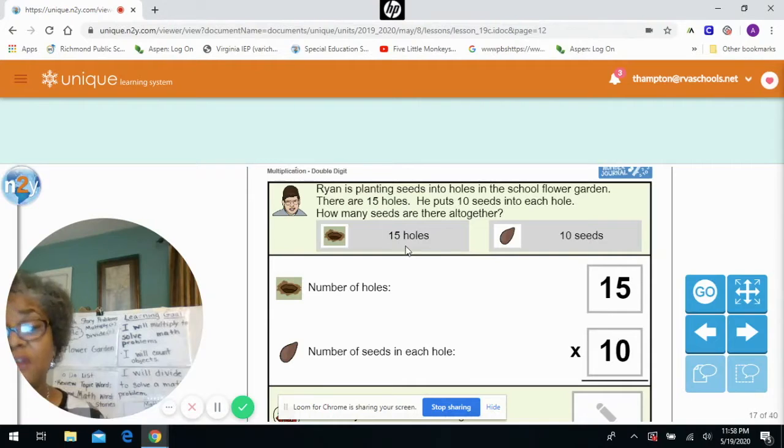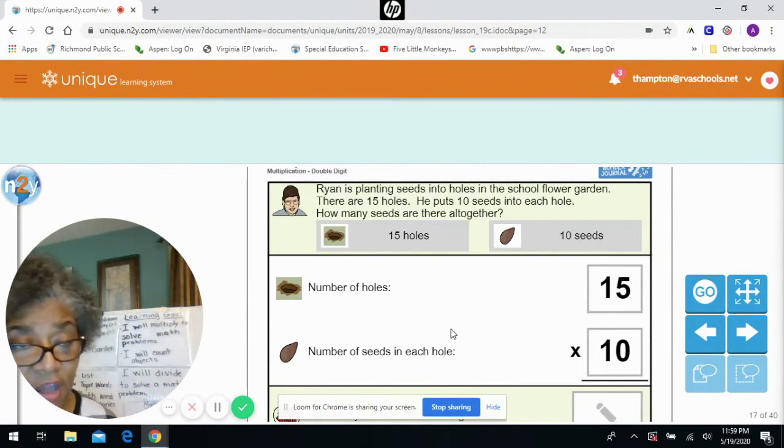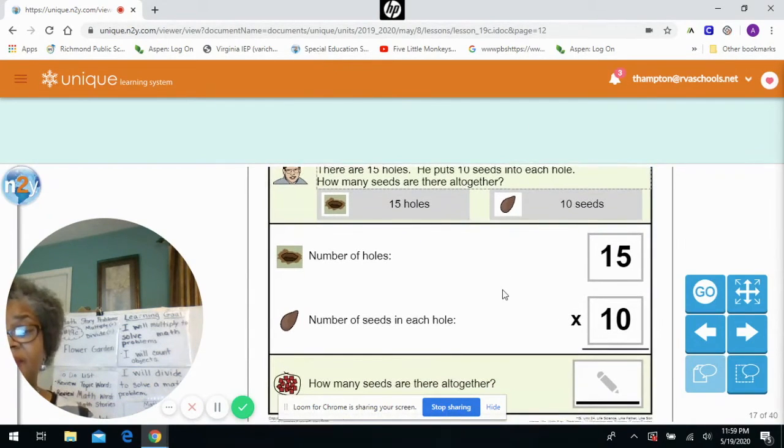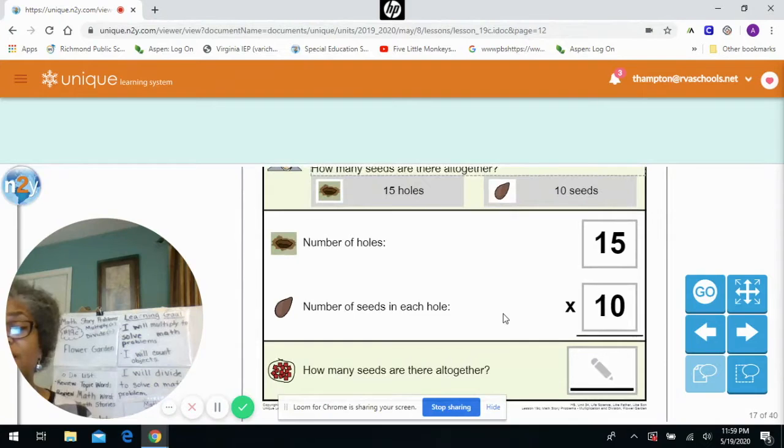So he has 15 holes and 10 seeds. How many holes does he have? He has 15. How many seeds is he going to put in each hole? 10. Okay, so let's do it with our calculator.